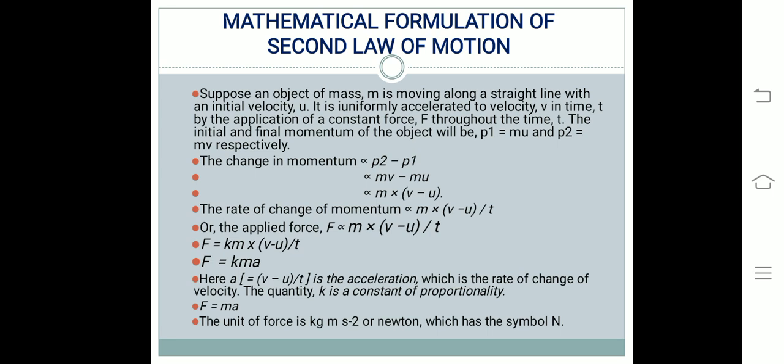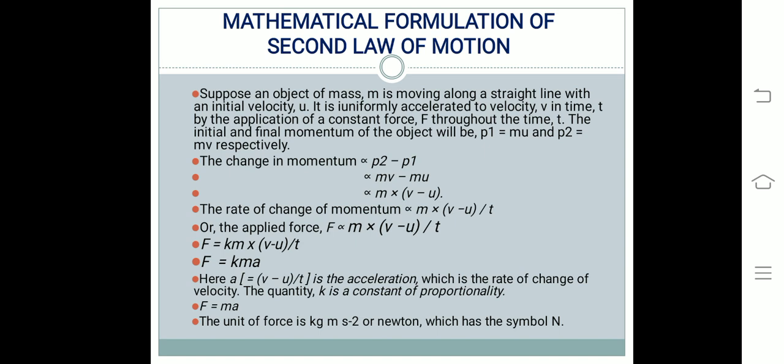Now, the change in momentum is proportional to p2 minus p1, that is the final momentum minus initial momentum. It is in turn proportional to mv minus mu, or if m is taken as common, it becomes m into (v minus u).